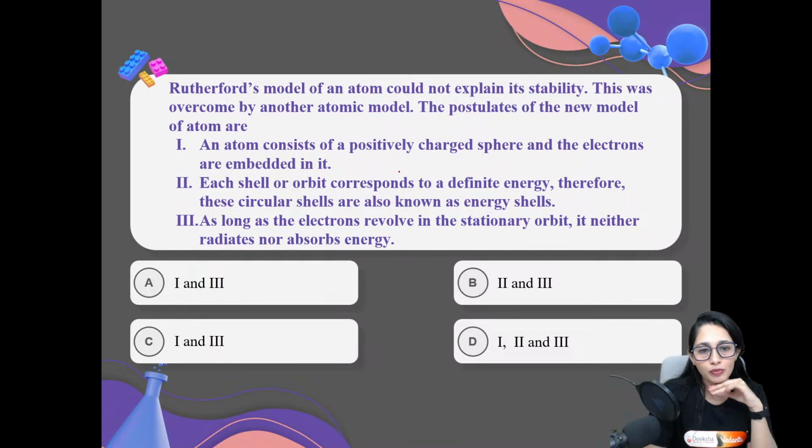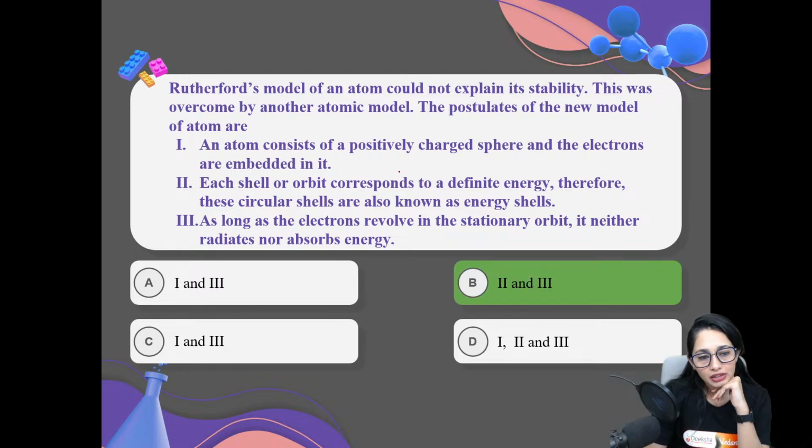Moving on, Rutherford's model of an atom could not explain its stability. This was overcome by another atomic model. The postulates of the new model of atom are dash. It is option B, 2 and 3.